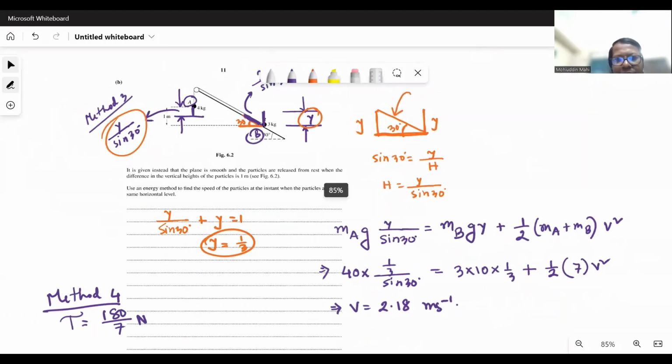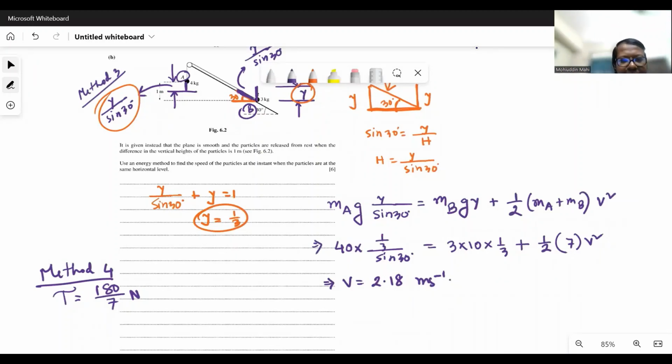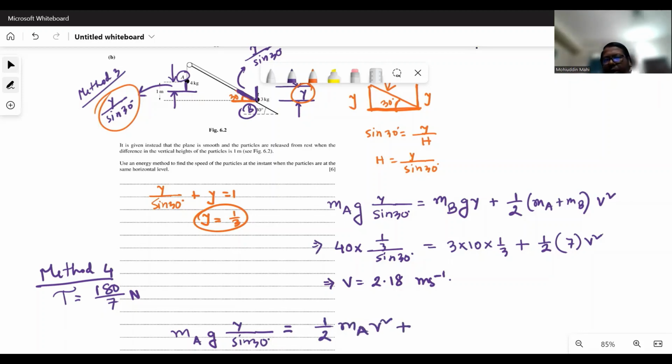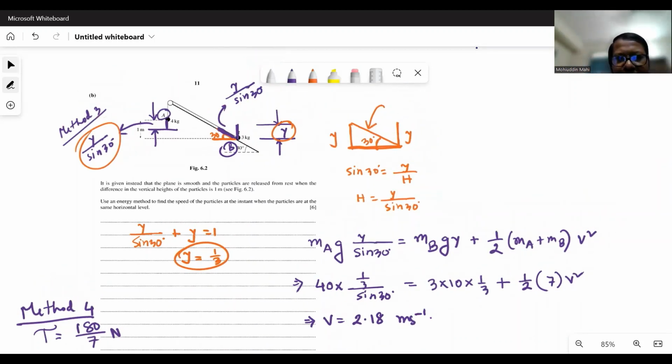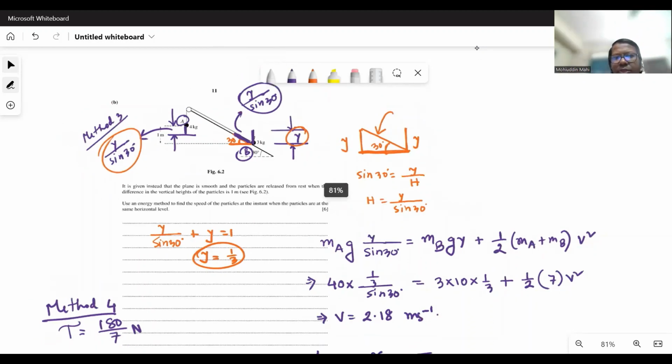So what is the equation? Loss of gravitational potential energy by A will be converted to gain in kinetic energy by A and work done by tension on B. So T multiplied by the distance traveled by object B along the slope, which is Y by sine 30.